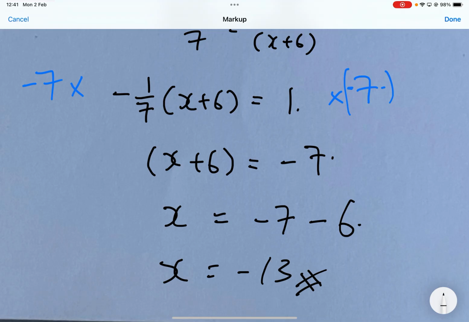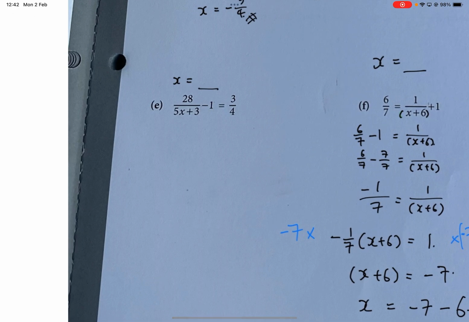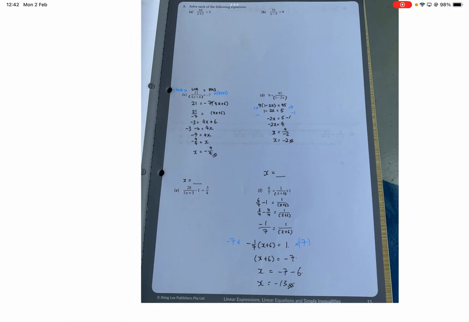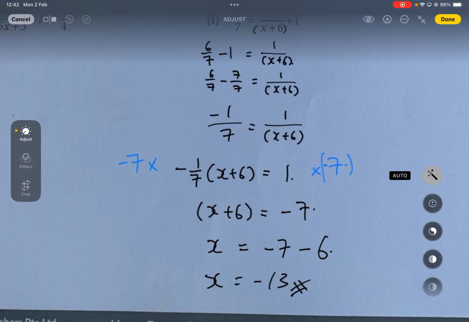Arik, let me know when you are done. Okay, part E will be your homework. I want to move on to the next page. Next page is easier.